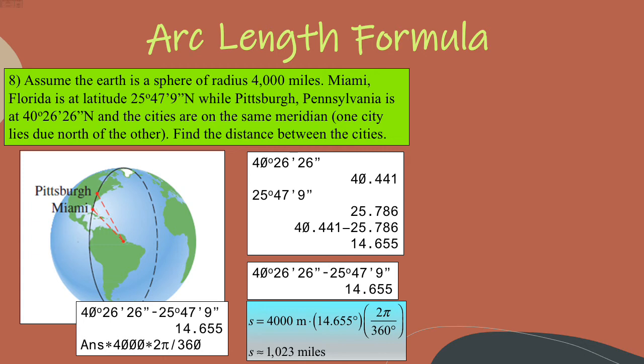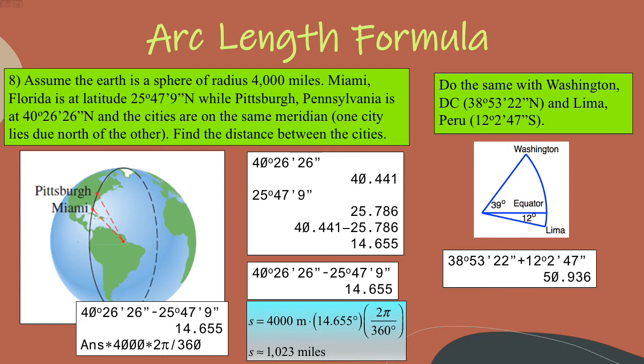The calculator will respond with ANS, which is the previous answer. And even though you may be set to 3 decimal places, the calculator knows that there are more beyond it. You multiply that by 4,000 times 2 pi using the pi button, and then divide by 360 degrees. It may make a difference, it may not, but this is the best technique to use when you are using the calculator.